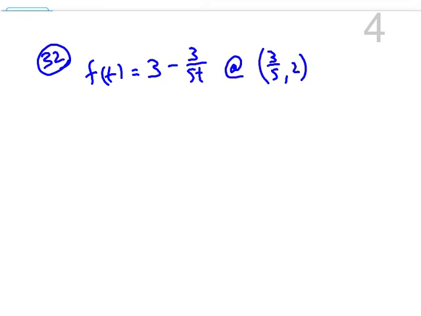It says find the slope at the point. Okay, so to find the slope, we're going to take the derivative and plug that in. I would start by rewriting this that way. Then take the derivative. Once you get that derivative, plug in 3/5, and you get the slope. That's it.